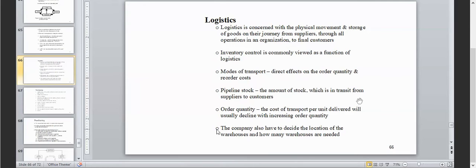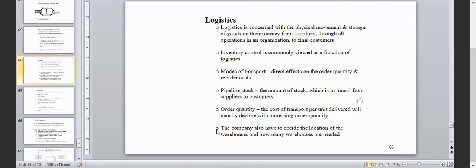For example, we may have a shipment using airways, or a shipment using the land route, and also we have the option of transport by sea, and of course this mode of transport will affect the order quantity and the reorder cost.